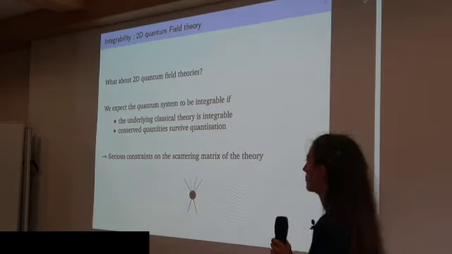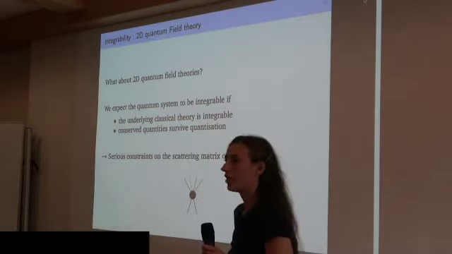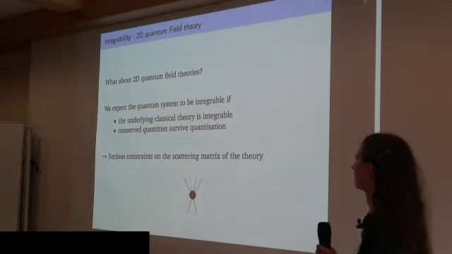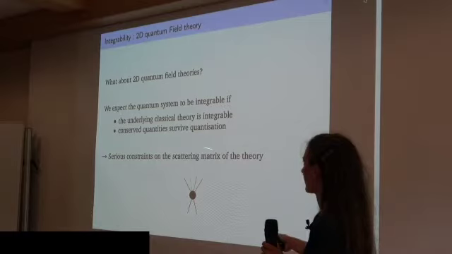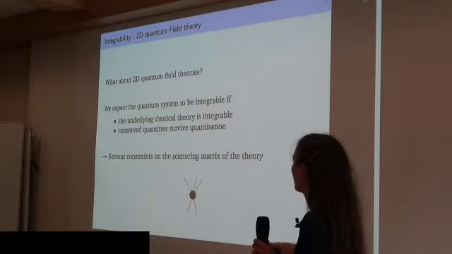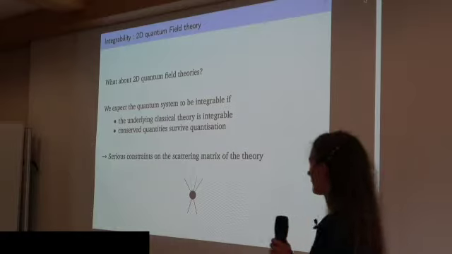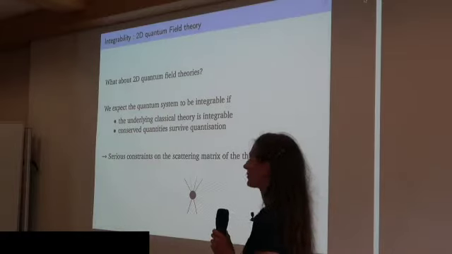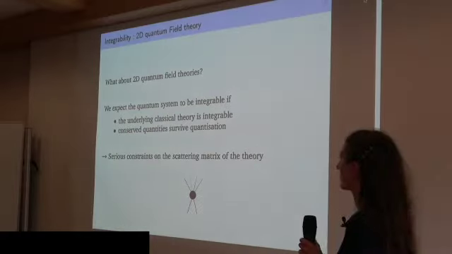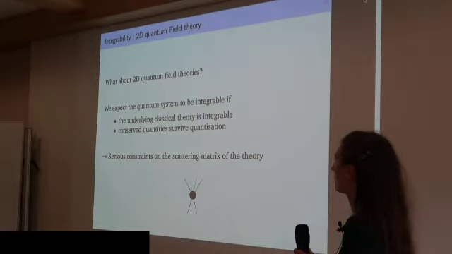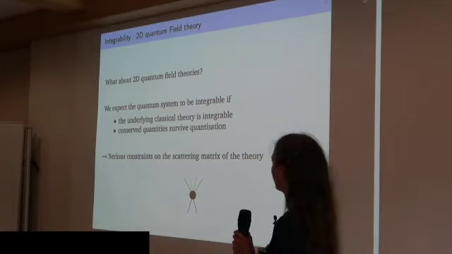And this condition imposes serious constraints on the scattering matrix of the theory. So the scattering matrix encodes the probability of having some scattering process. So what are these constraints that are imposed on the S matrix because of integrability?